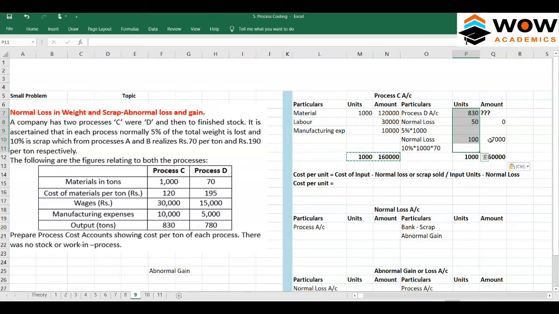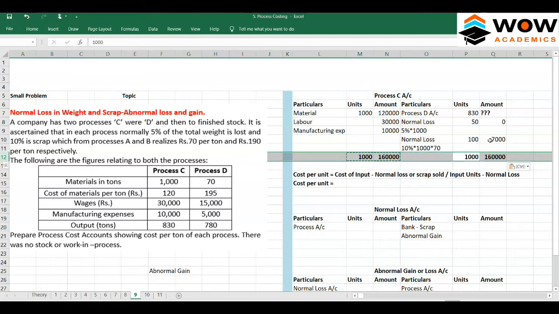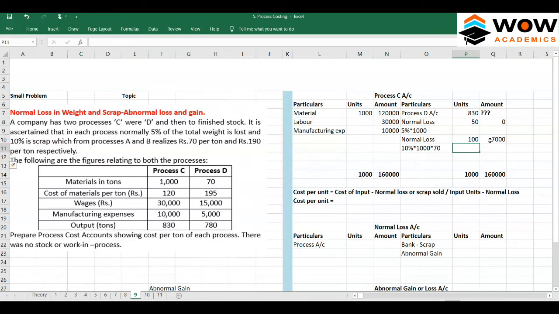The 20 is missing, so the 20 should be an abnormal loss. The units should be 980 here, but the total should come to 1000, so 20 is a balancing figure. Abnormal loss also has to be valued.